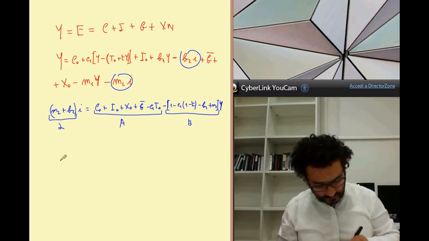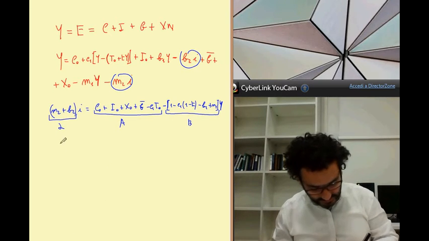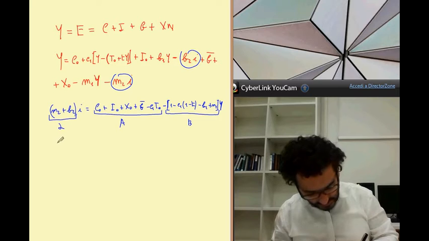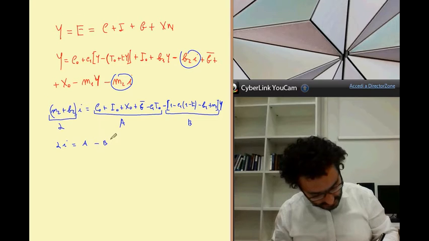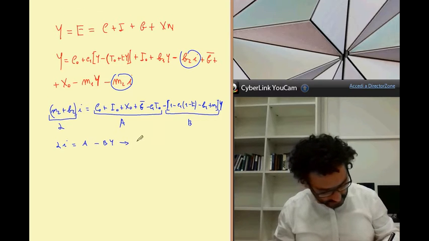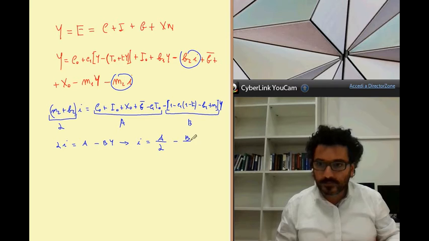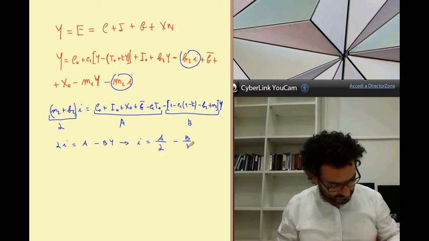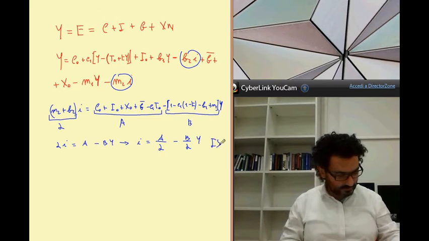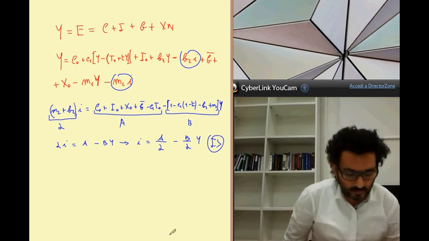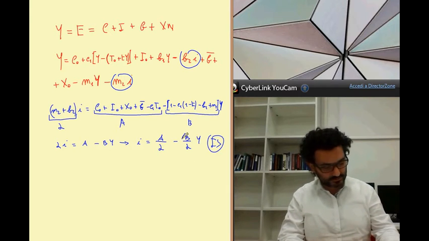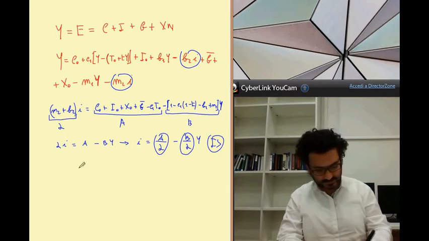So finally, we can write the IS relation as alpha i equal A minus BY, which implies that i is equal to A divided by alpha minus B divided by alpha, which multiplies income, and this is the IS relation. We can also prove that the slope is negative, and this is the intercept.